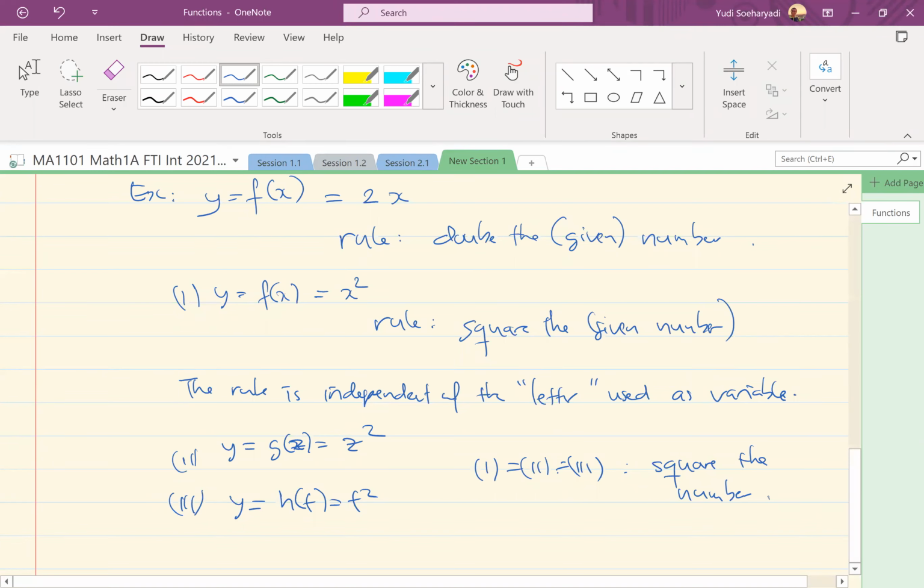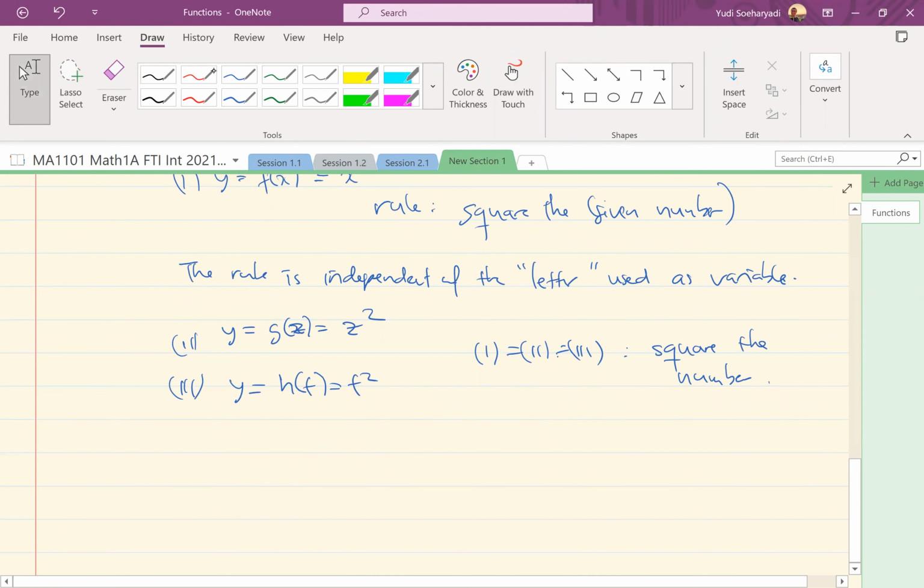So it doesn't matter whether it depends on X, Z, or T, whatever. You may even write this as Y equals L squared, like there. Okay. Same thing.